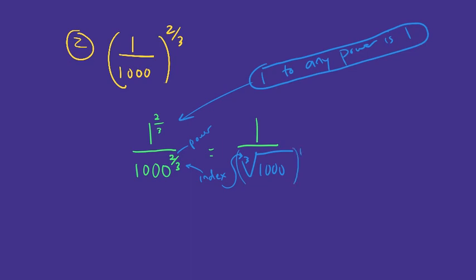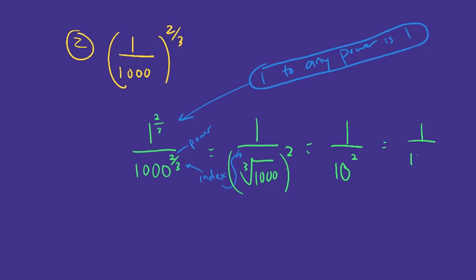All that to the, not the first power, second power. Power's 2. Cube root of 1,000, you can put that in the calculator and you should get 10. 10 to the second. 10 times 10 is 100.